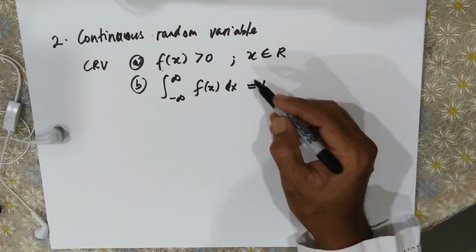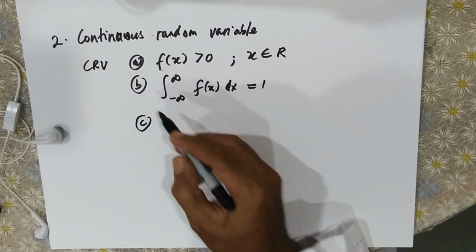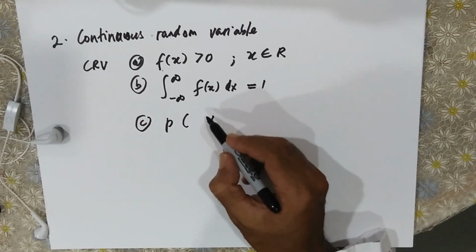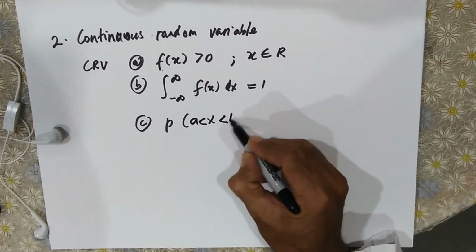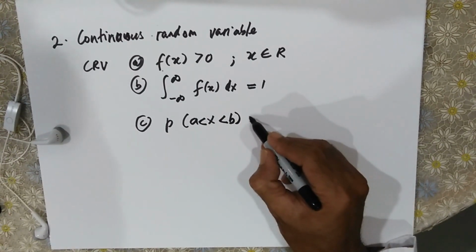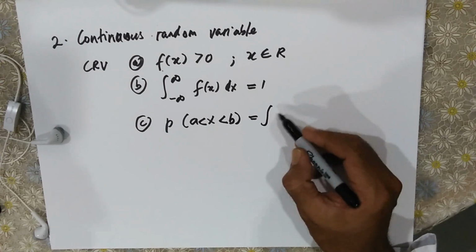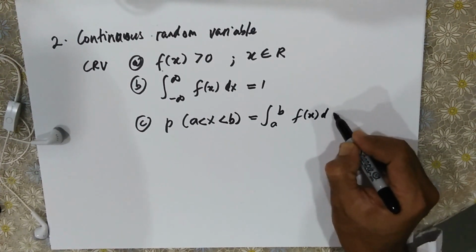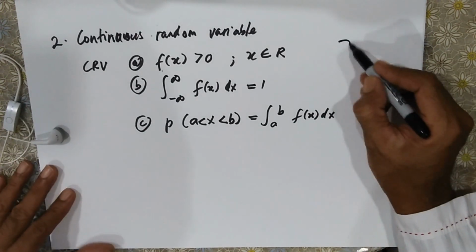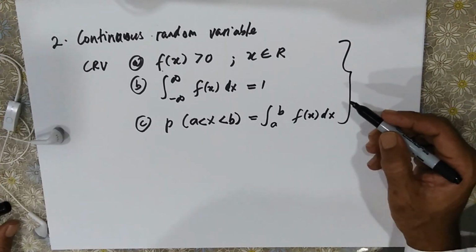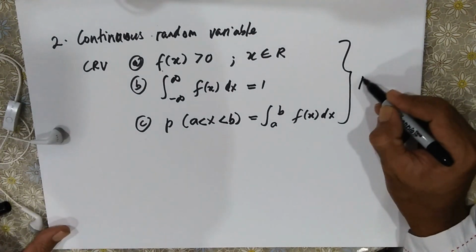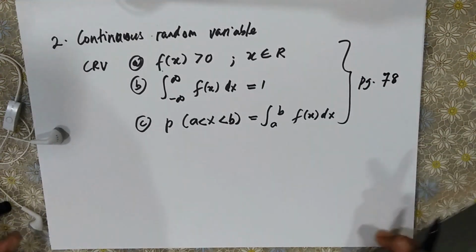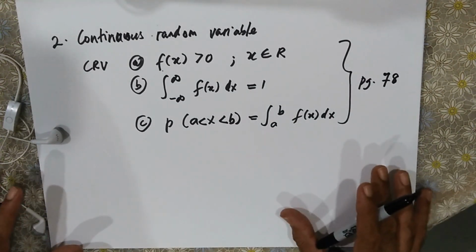And then we have C here, the probability for x in between a and b, you can integrate from a to b, f(x) dx. This you can refer to my book at page 78. So these are continuous random variables.